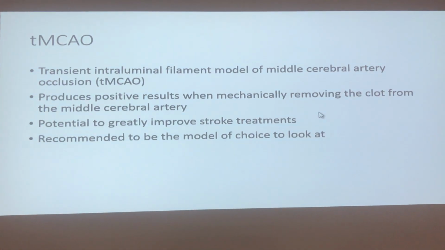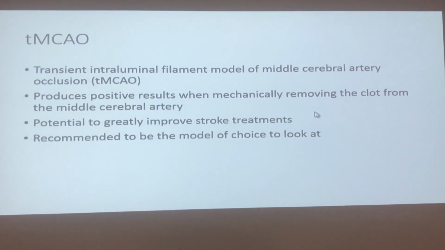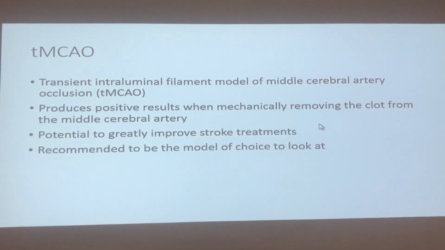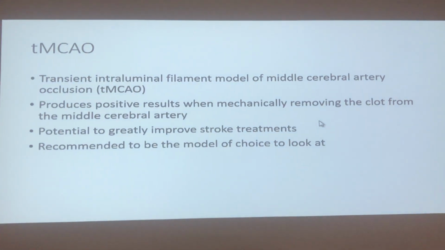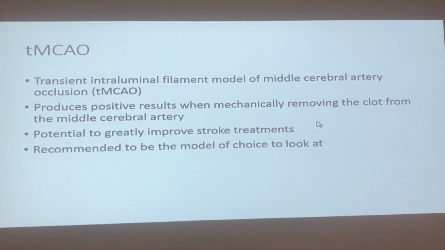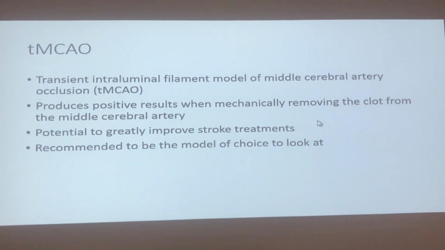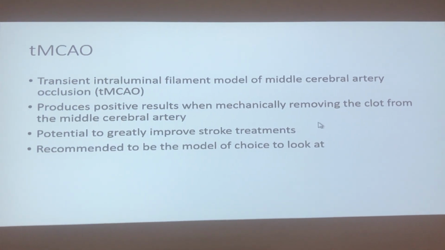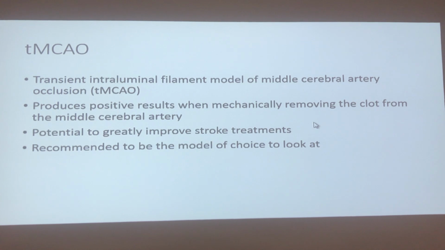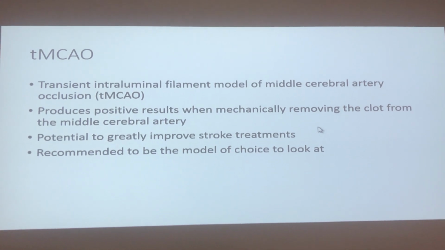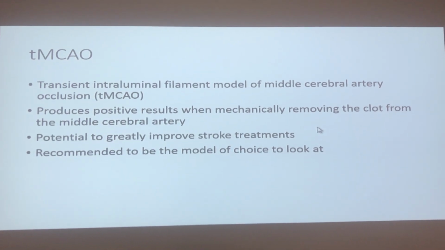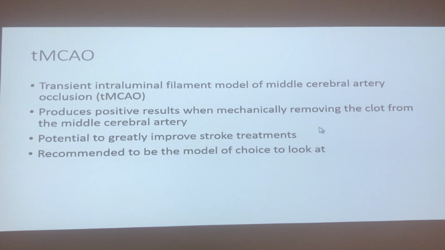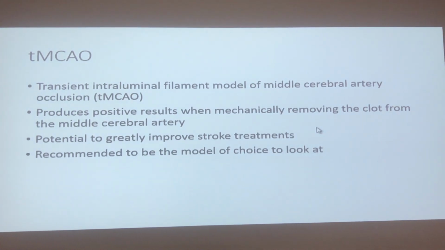One of the main procedures to treat a middle cerebral artery stroke is the TMCAO, which is the transient intraluminal filament model of the middle cerebral artery occlusion. This procedure was founded in 2018, and it has positive results. Basically, it mechanically removes the clot from the middle cerebral artery.